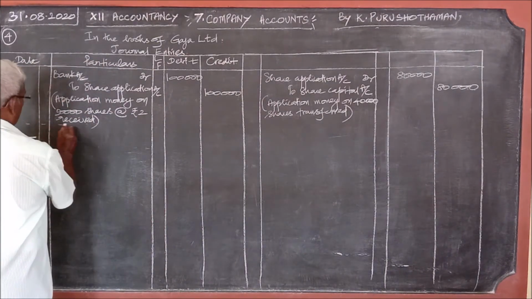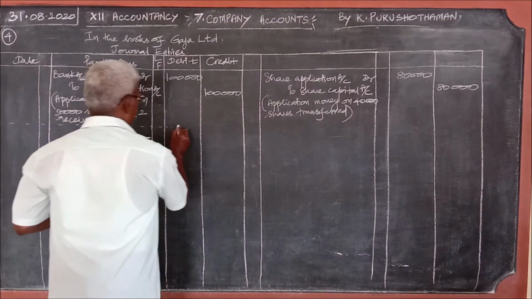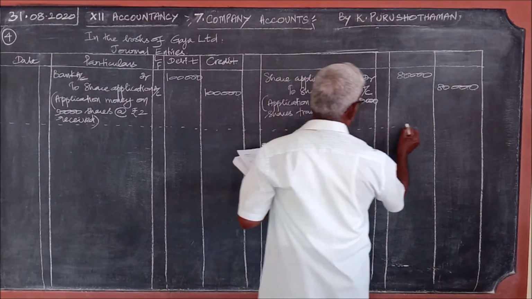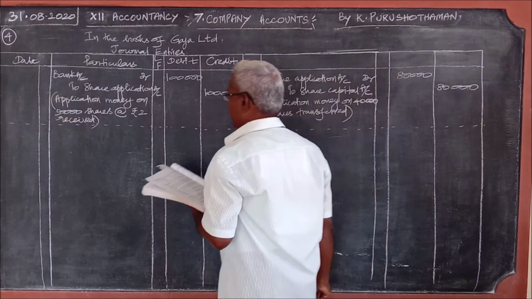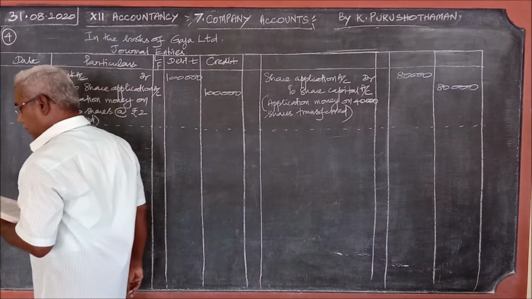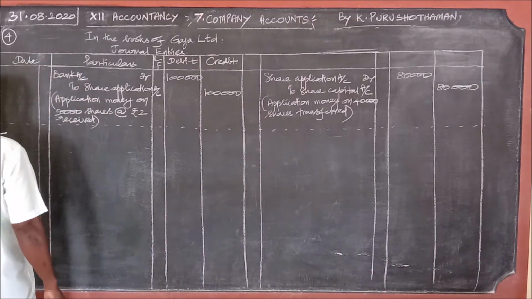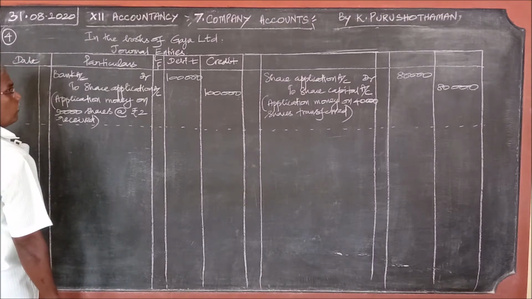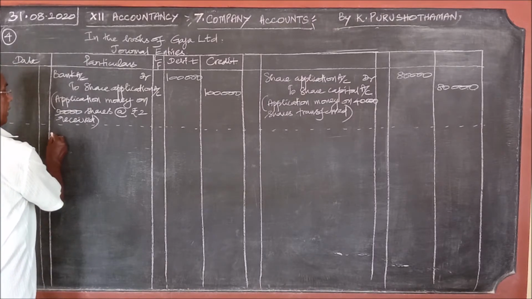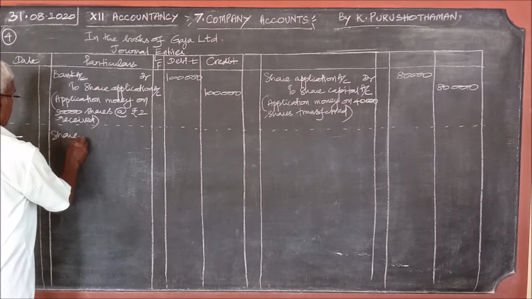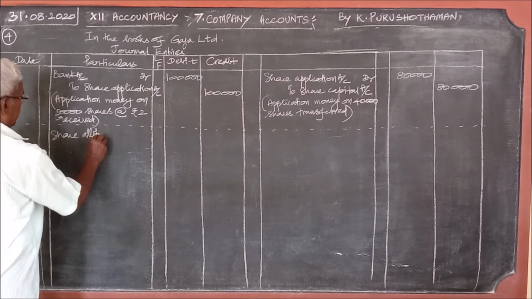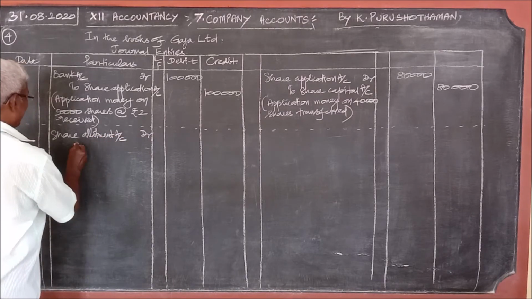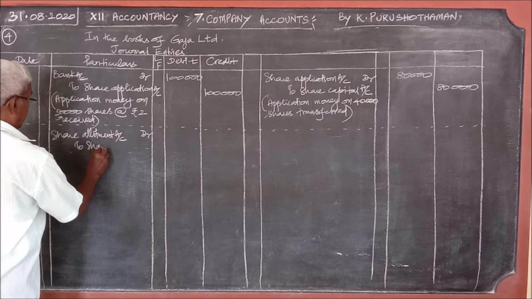Okay, then the second stage, the allotment stage. 5 rupees on allotment. So, what should be the first journal entry? Share allotment account debtor to share capital account.